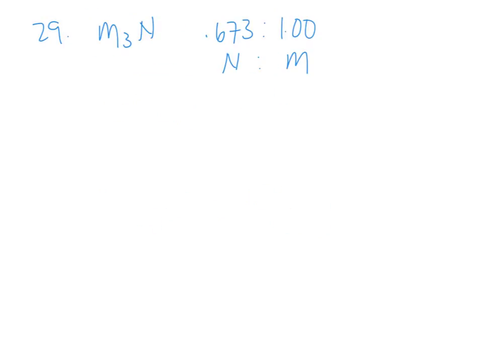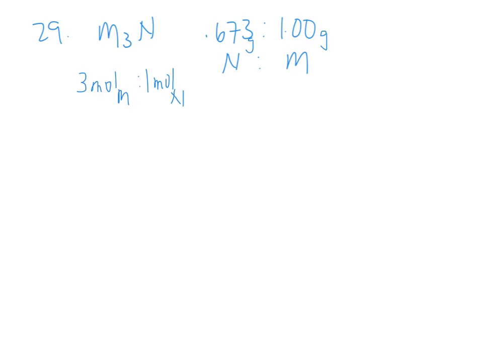So number 29 tells you you have a compound M3N where M is an unknown metal. And so the formula is telling you you have 3 moles of metal to 1 mole of nitrogen. And then the other piece of information they give you is that you have 0.673 grams of nitrogen to 1 gram of the metal.